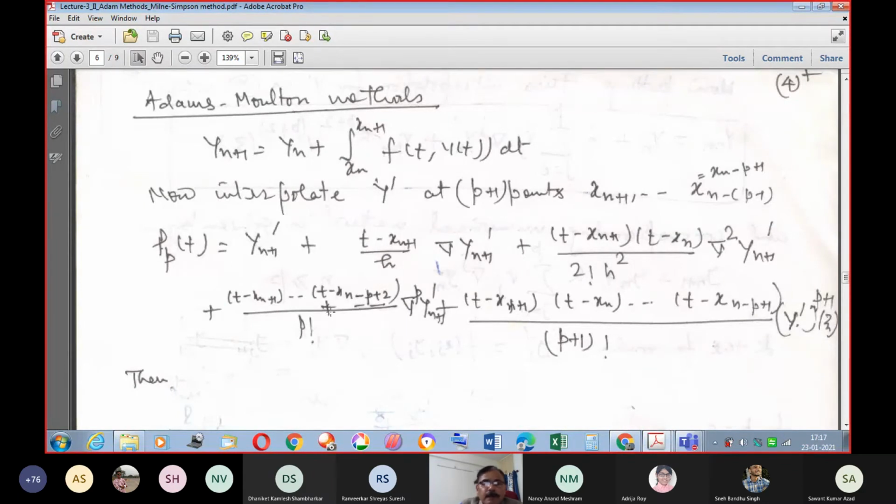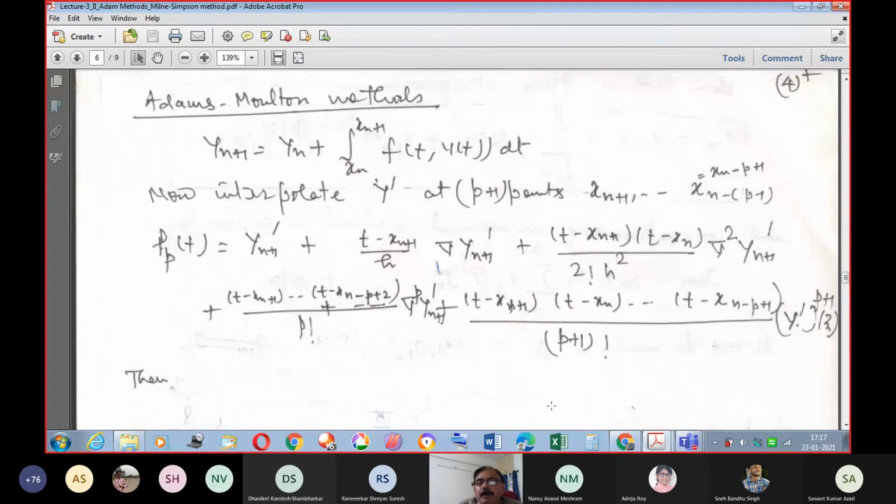As far as the method is concerned, we'll have one less point, means it is up to xn minus p minus 1. So it will have, means it is up to p minus 2 only, so xn minus p minus 2, that will be your t minus xn minus p plus 2.